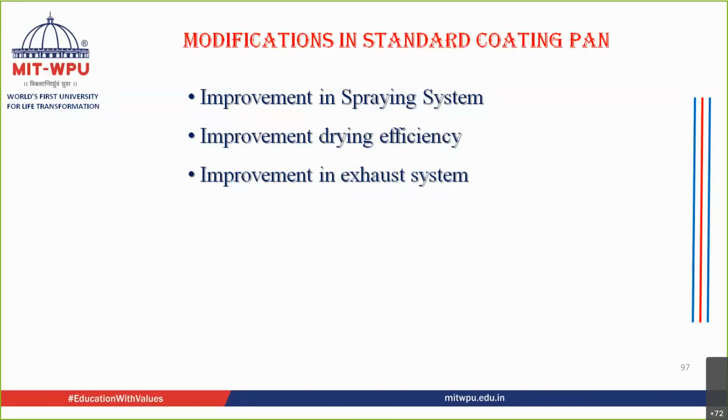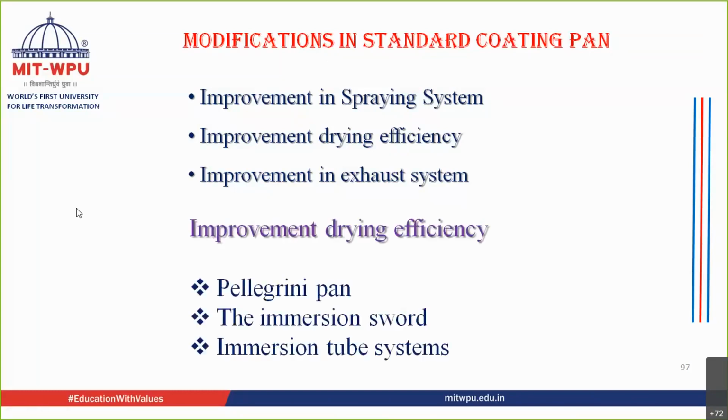Third thing that you can improve is the exhaust system, the way the solvent is getting removed. On that system you can do the improvement. So there are some modifications which are done in this standard coating pan, whereby there is improvement in the drying efficiency.